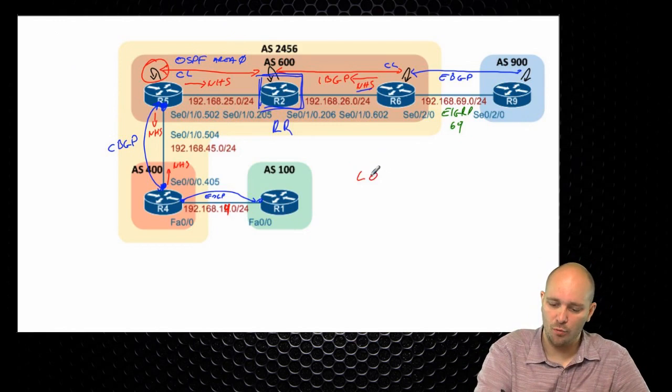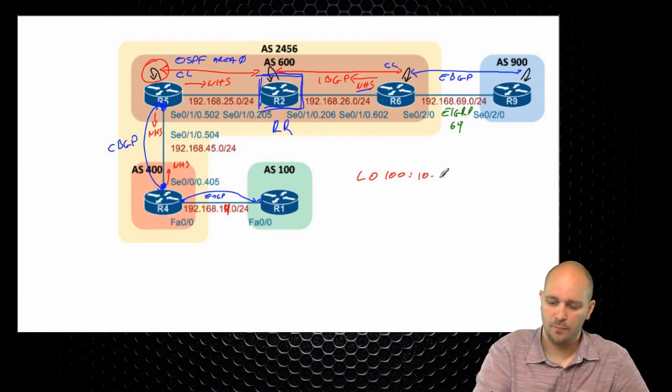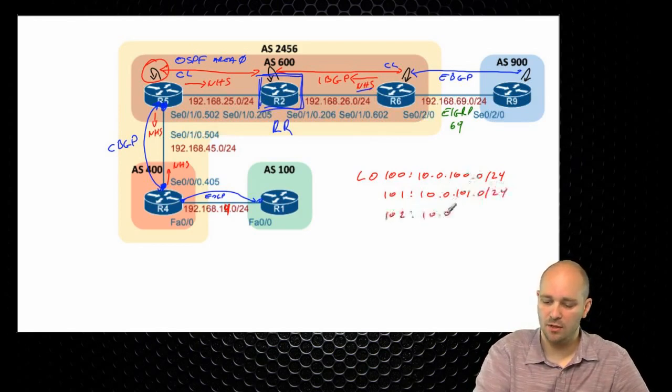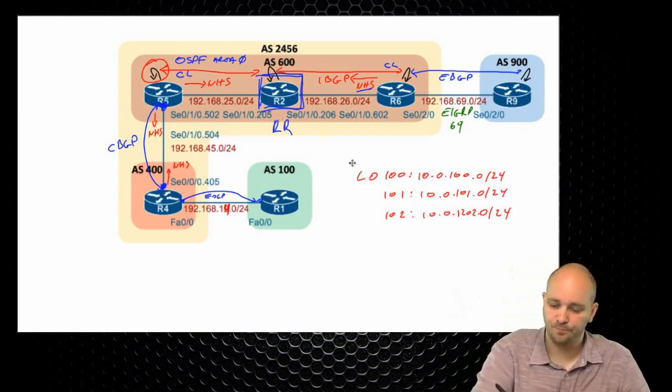I want to create loopback 100, which is going to be 10.0.100.0/24. I want to create loopback 101, which is going to be 10.0.101.0/24. I want loopback 102, which will be 10.0.102.0/24.